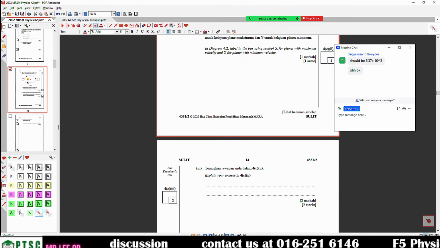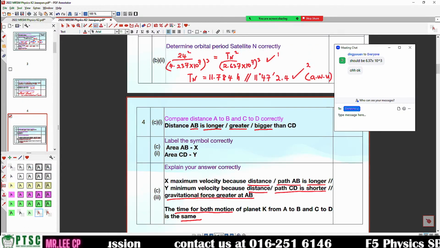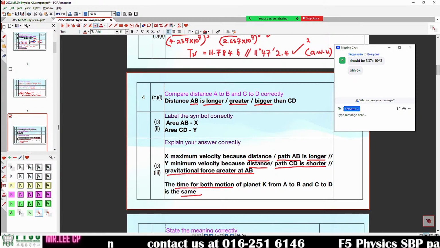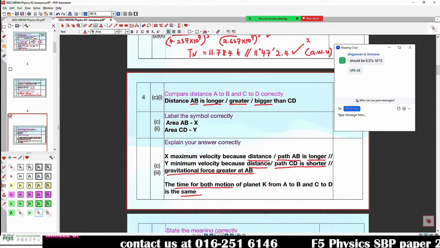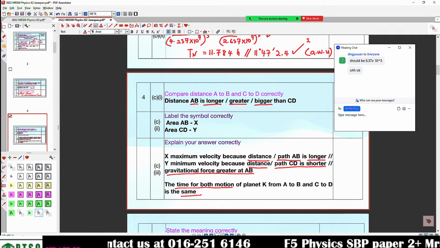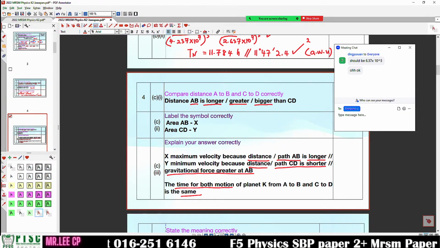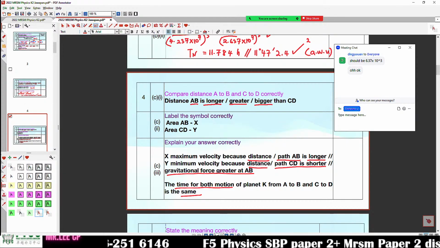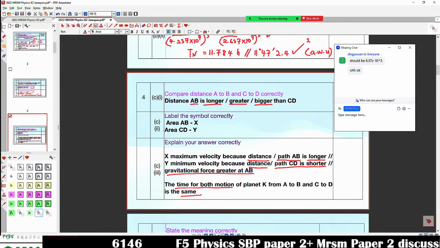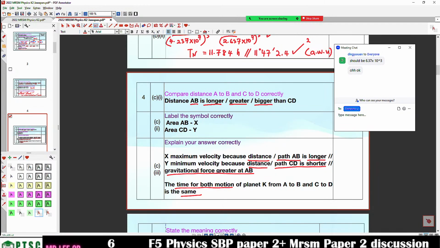Explain your answer in 4. X maximum velocity, because the distance apart is longer, AB. Y minimum velocity because distance apart is shorter.